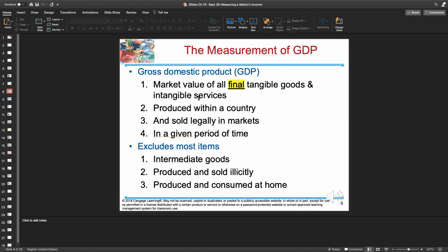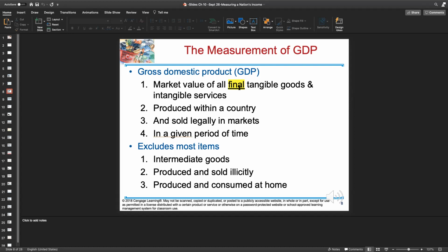For example, if the farmers are taking their agricultural product to the supermarket, you cannot double count by counting the farmer's agricultural product and also the final product that the restaurant chef is buying from the store and preparing as food for the customer in the restaurant.